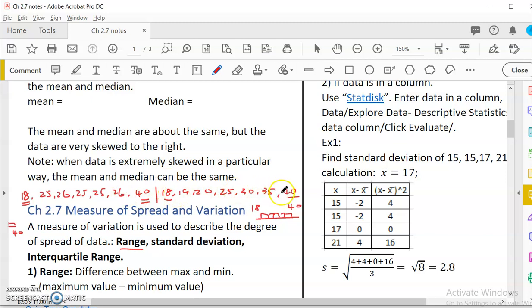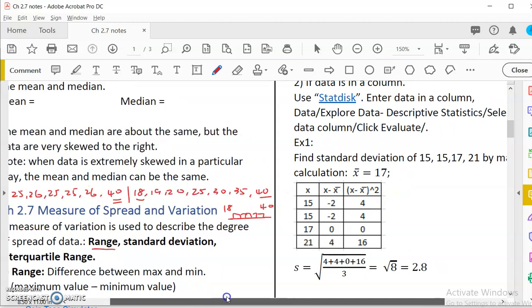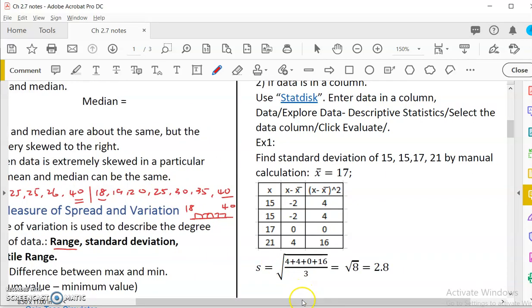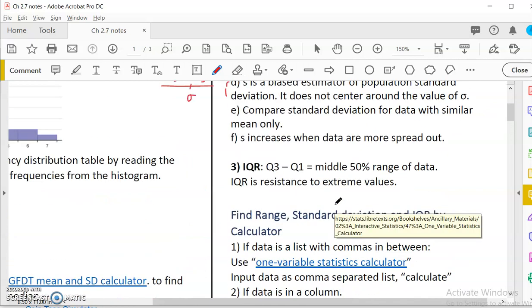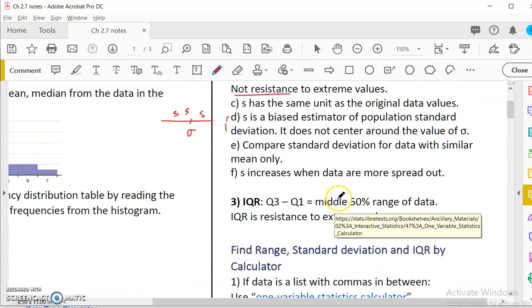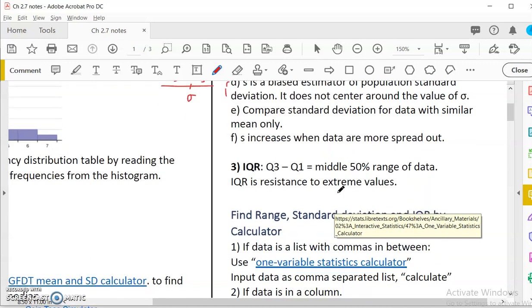This particular data, if I calculate the standard deviation, will be much larger than that one. So by looking at S, we can tell that this has a higher variation and this has a lower variation. But we also want to make sure that the means are around the same, so that the order of magnitude is around the same. We can't compare standard deviations if one of them has a mean of 1 and the other has a mean of 100, right? So it doesn't compare that way.